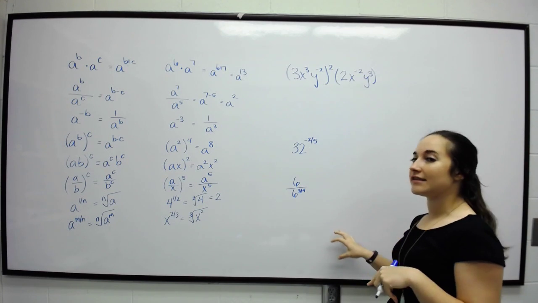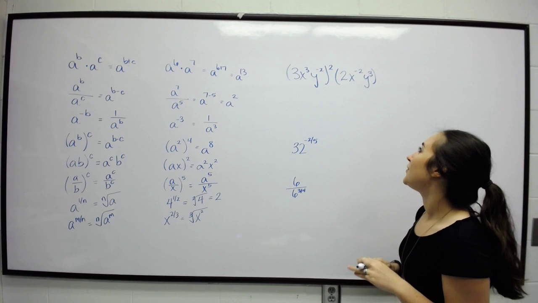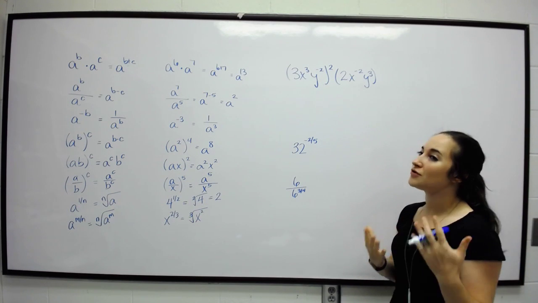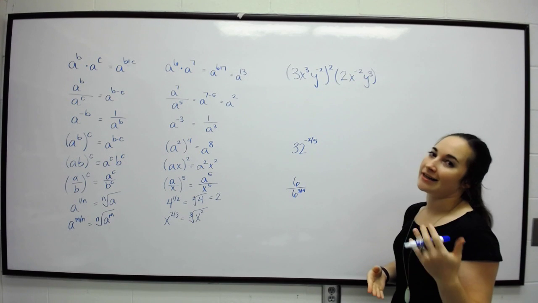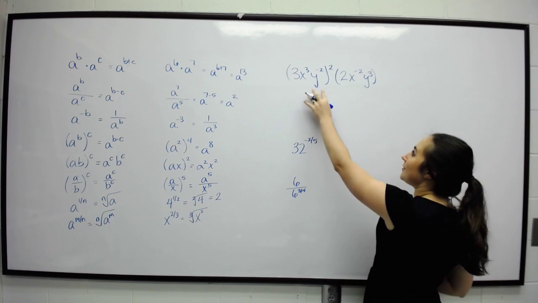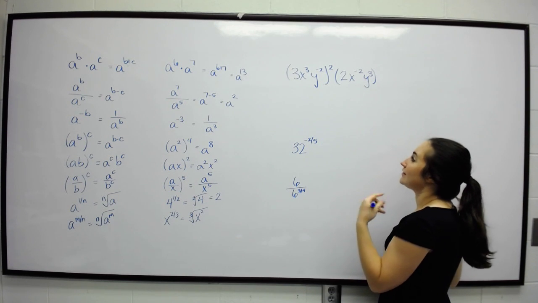Okay, so that was a quick review of exponent rules. Let's use them to simplify a few problems. Here we have 3x cubed y to the negative 2, all squared, times 2x to the negative 2 y cubed. So let's start by simplifying what's in the parentheses and being squared.